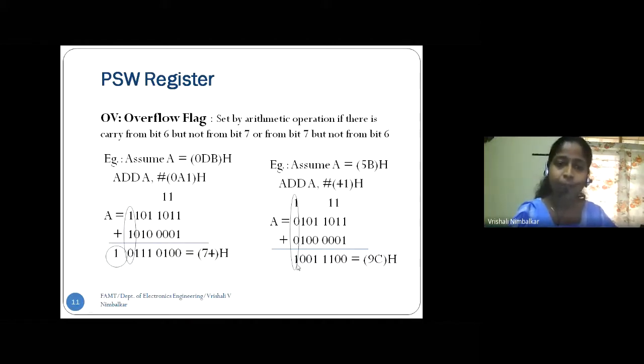And look at the answer bit. The last bit in the answer is 1. It means it is saying two positive numbers result in a negative answer. How is that possible? No, it is not. What has happened? There was an overflow. Adding two positive numbers resulting in a negative answer is an overflow.